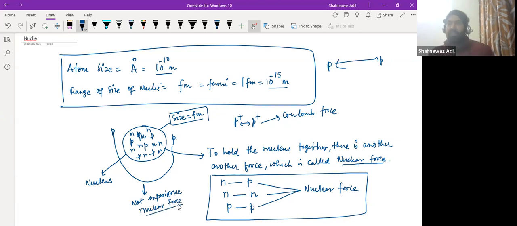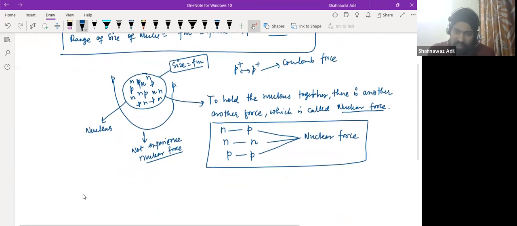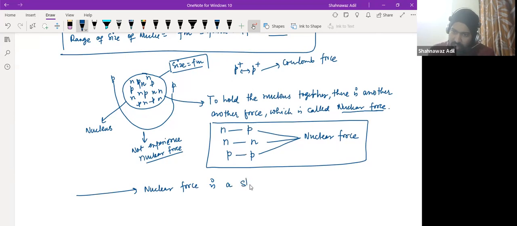Why? Because this nuclear force is a short range force, right?